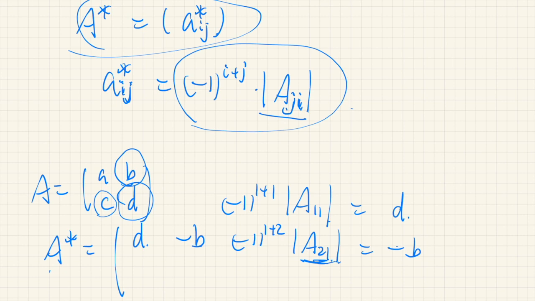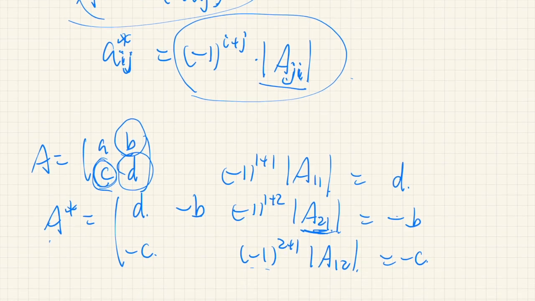And similarly, the 2,1 element is negative 1, 2 plus 1, and A 1 2. So that is the matrix obtained by removing the first row and the second column. So that is C in this case. And the negative sign here is here.